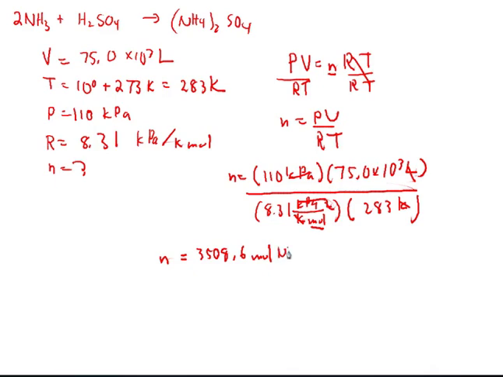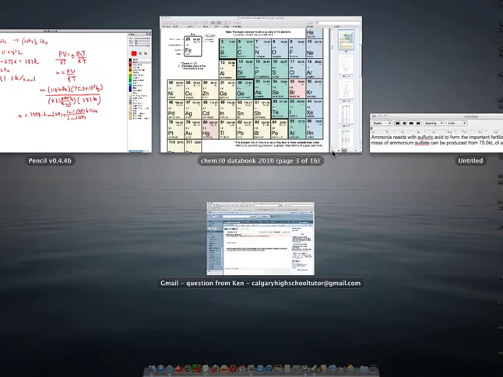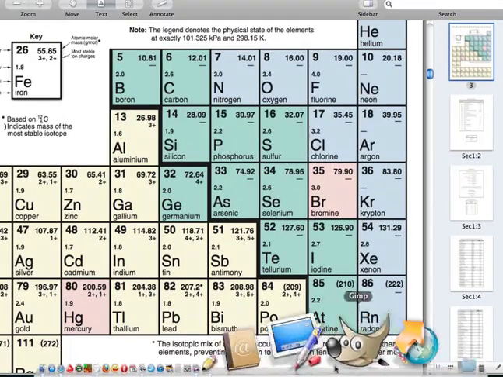So that's moles of ammonia. We need to do a little bit of mole ratio. For every 2 moles of ammonia, we get 1 mole of ammonium sulfate. So let's plug that into the calculator.